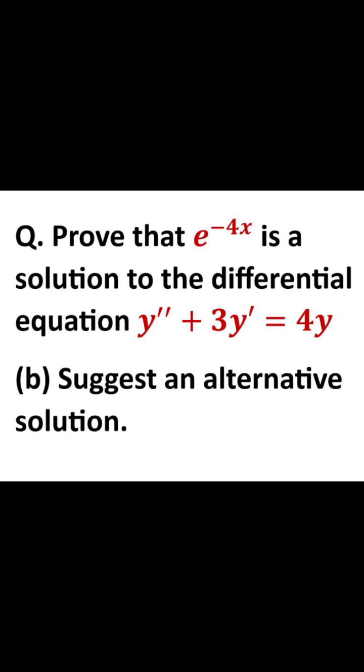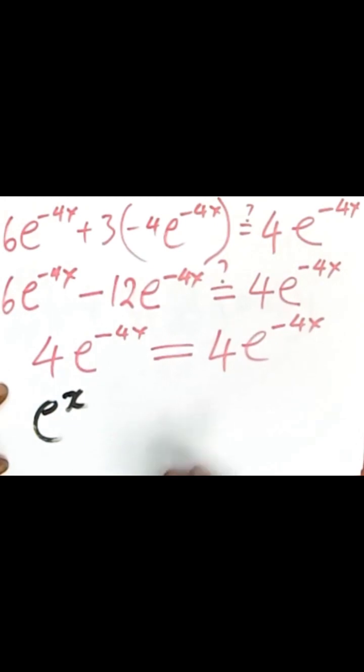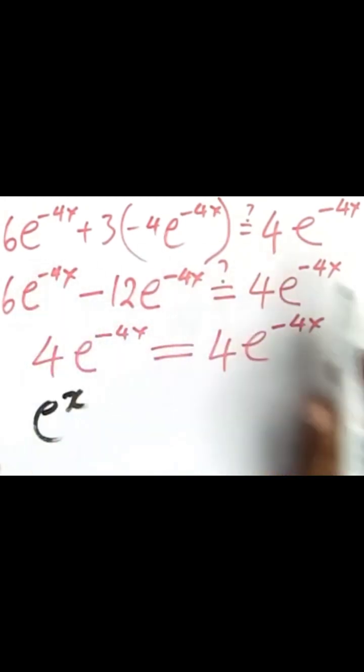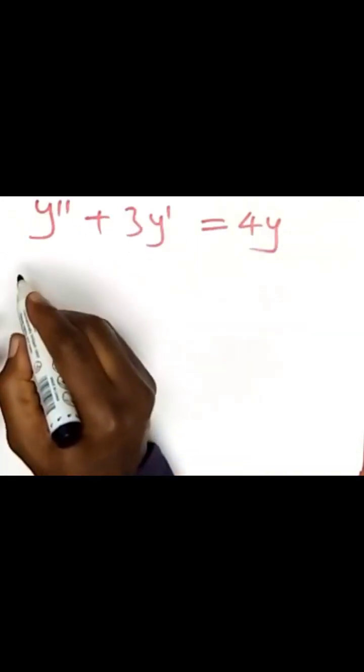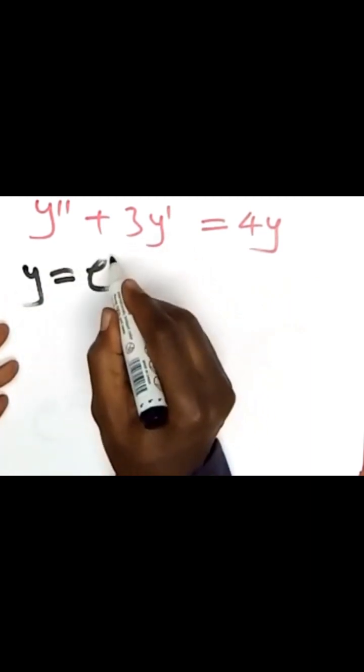Well, an alternative solution can be e raised to power x, and let's find out if e raised to power x also satisfies the given equation, y prime prime plus 3y prime equals 4y. And we're saying that y can also be e raised to power x.